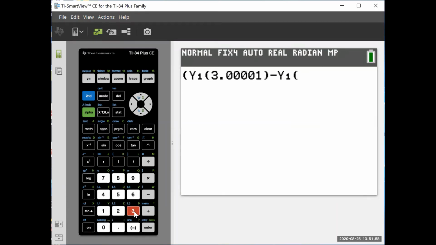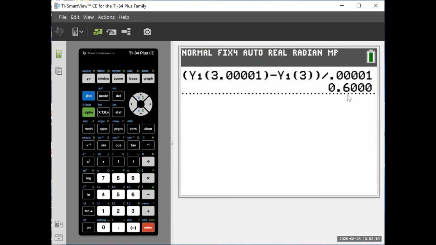That's the function value at 3. Close it, that's your numerator, divided by our denominator, 0.00001, because that's our h. So you can see that the instantaneous velocity is approximately 0.6. 0.6 is the instantaneous velocity.